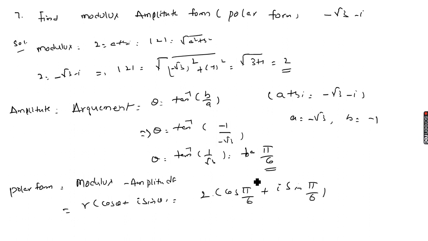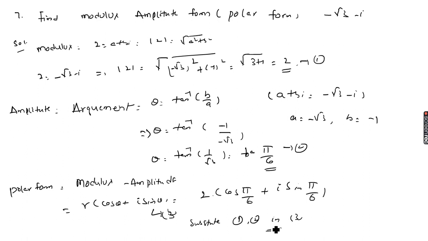We just substitute the theta value, the modulus and amplitude. This is 1, this is 2 and this is 3. Substitute 1 and 2 in 3.